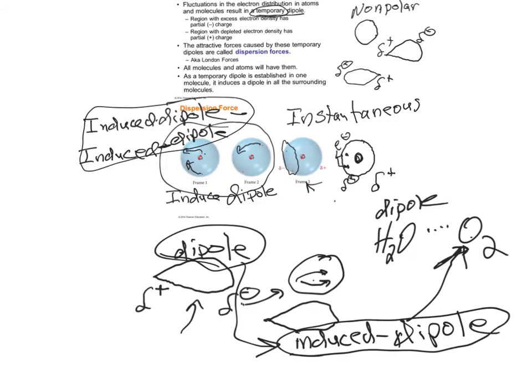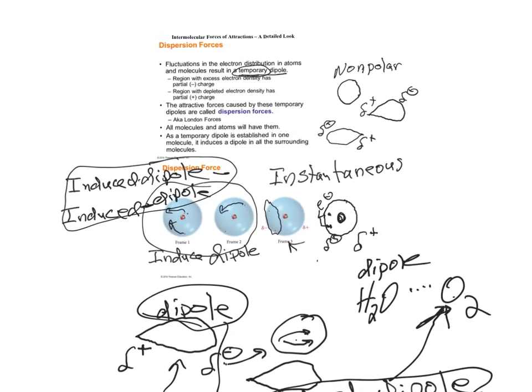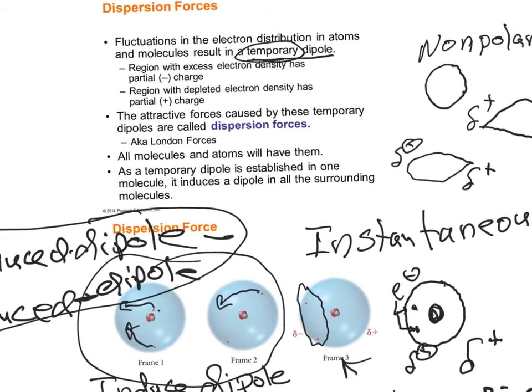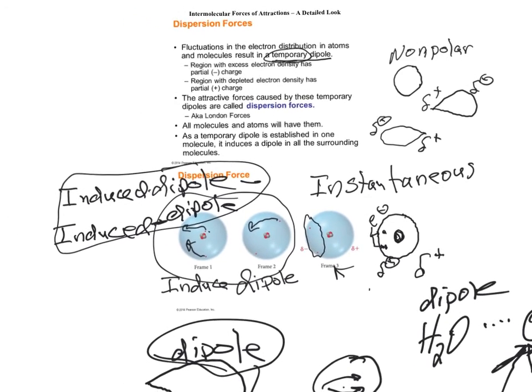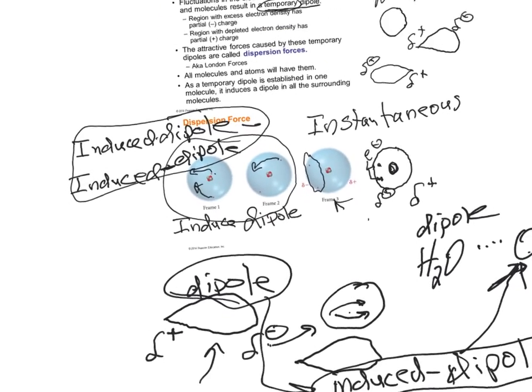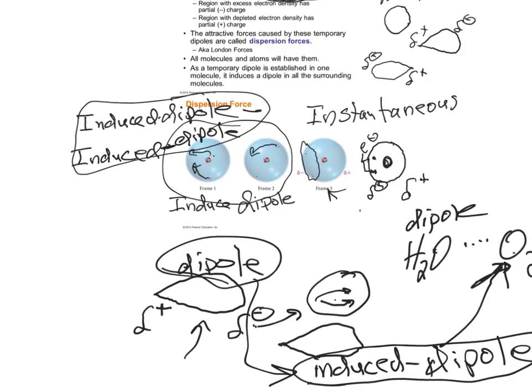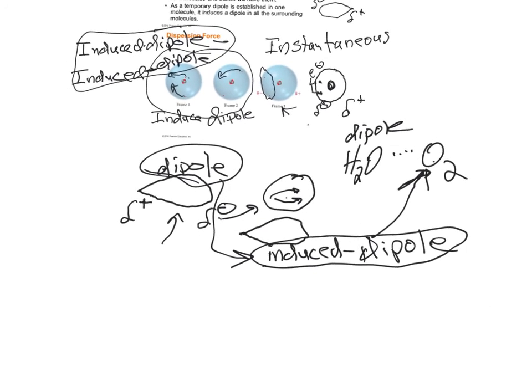My preference is that when you see stuff like this, that you don't just label it as London forces, because that's another name for it, or dispersion forces, but instead I would prefer you to indicate to me that you recognize if it's two nonpolar things that you would have induced dipole, and if it's a polar interaction with a nonpolar molecule, that we would call that dipole, induced dipole.